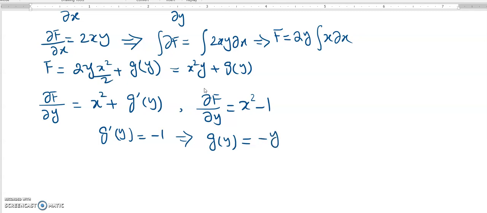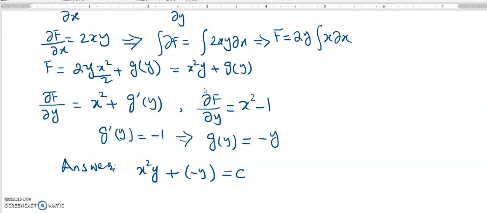We integrate with respect to y, because this is a function of y only, so it will be minus y. Therefore our answer is a function F: x squared y plus the function g of y, which is minus y, and then we will equate it to a constant.